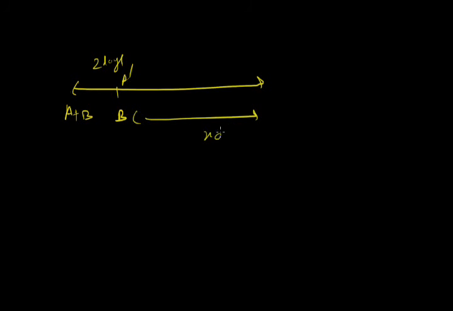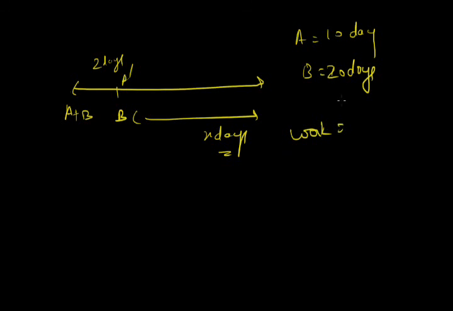Now the other method, that is the work done method. A and B started together for 2 days, then A left the job and B worked for x days. Now we have to calculate x. Now the work done method: A can do the work in 10 days, B alone can do the work in 20 days. So I assume the total work is the LCM of 10 and 20, that is 20 units, right?